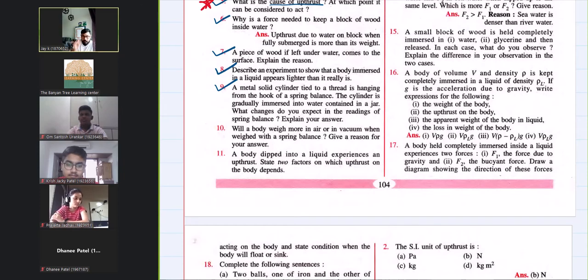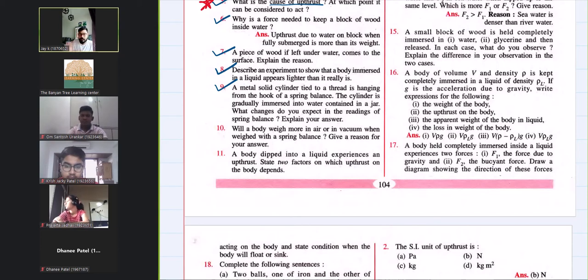Keep it in mind that the weight starts gradually decreasing and reaches a minimum value when the cylinder is completely immersed in water. जब पूरे सिलेंडर को वाटर में इमर्स कर देंगे तो वेट एक मिनिमम वैल्यू अक्वायर कर लेगा. Okay, so the weight will acquire a minimum value. The weight will not decrease further.